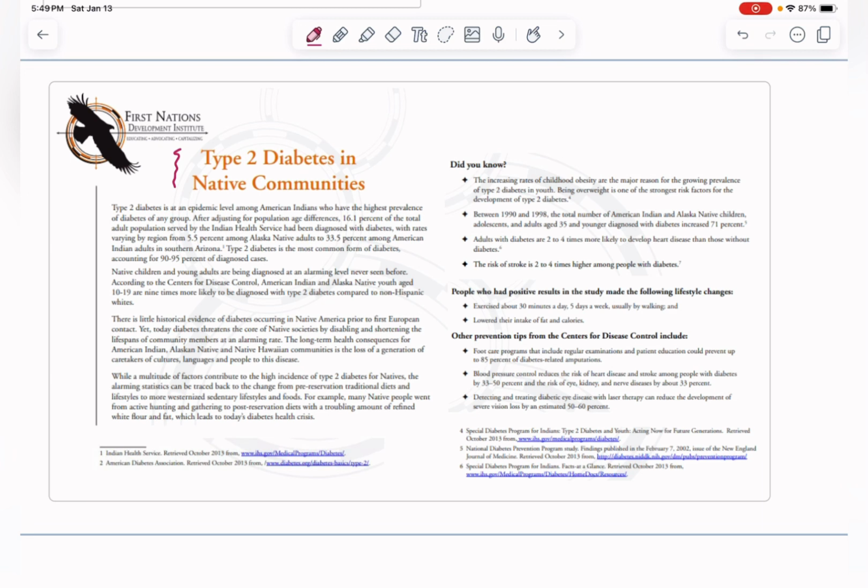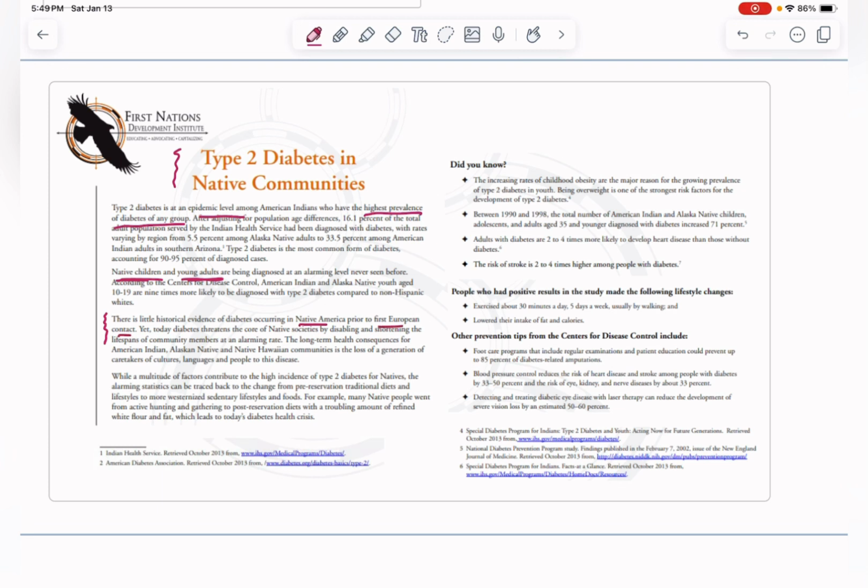Type 2 diabetes is at an epidemic level among American Indians, who have the highest prevalence of diabetes of any group. And there's especially a high amount of type 2 diabetes, unfortunately, being diagnosed in Native children and young adults. And what's interesting is that there's little evidence of diabetes occurring in Native Americans prior to the first European contact.